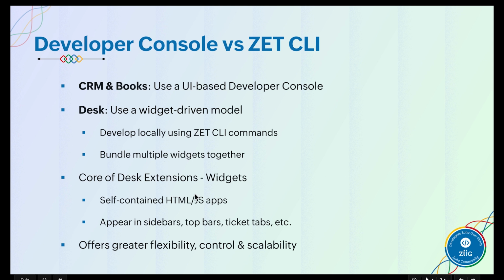The entire extension is structured around one or more widgets, which are essentially HTML and JavaScript applications. These widgets can be embedded in different UI regions within Zoho Desk and are not just limited to a single view. This offers a flexibility which allows multiple widgets to operate independently within a single extension.